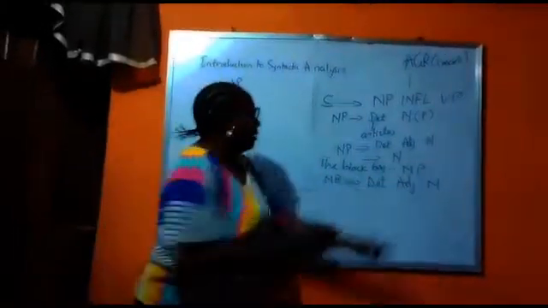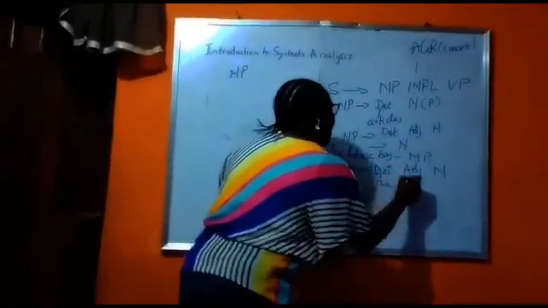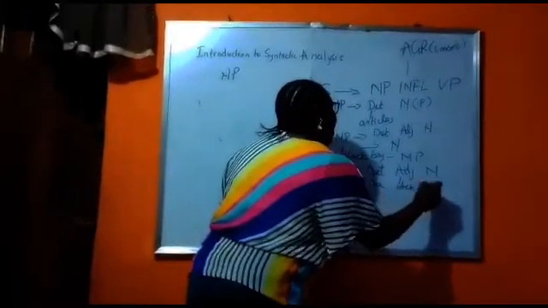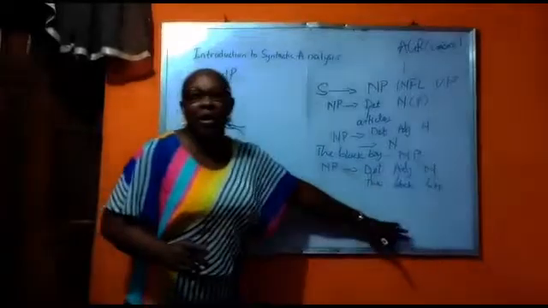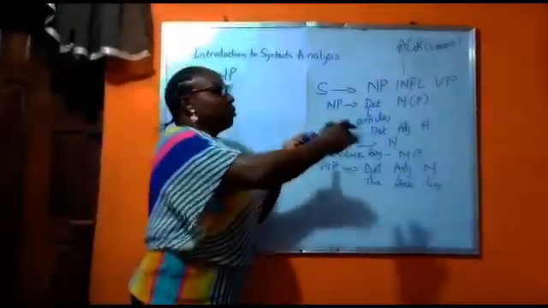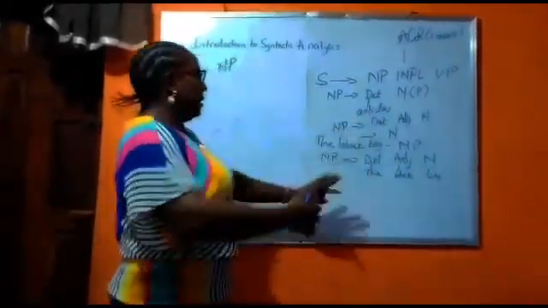Then ADJ, and then noun. That's the blackboard. I just want to make it look this simple for us, before we go into other analysis.